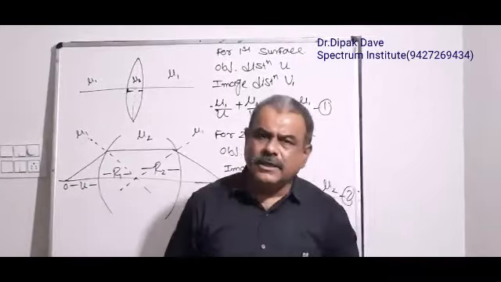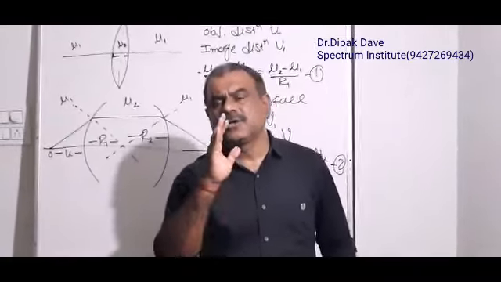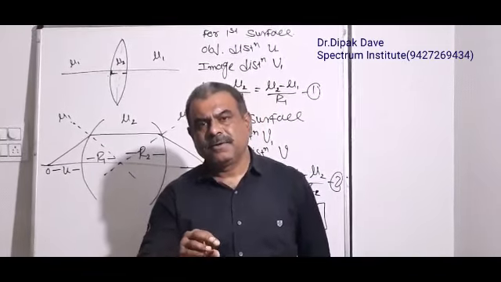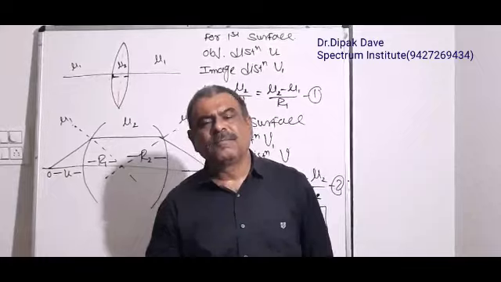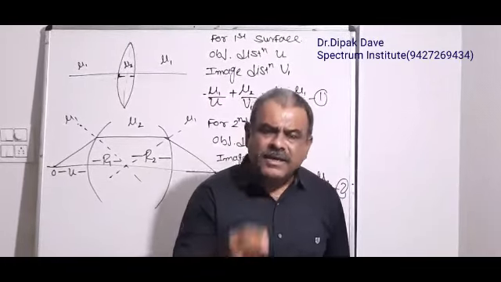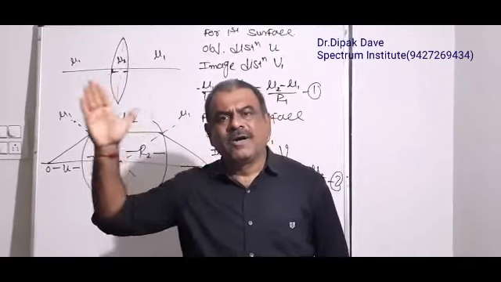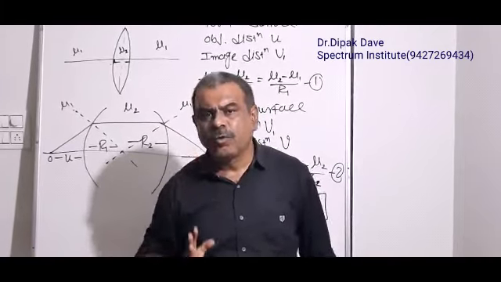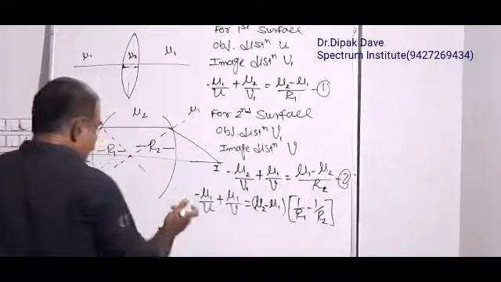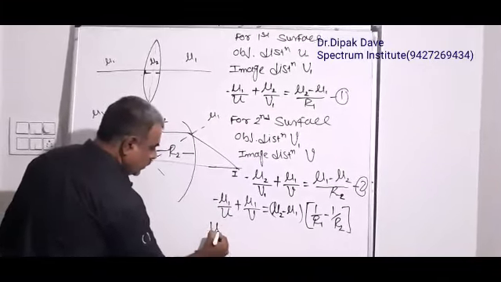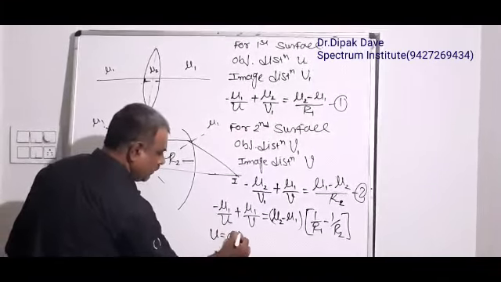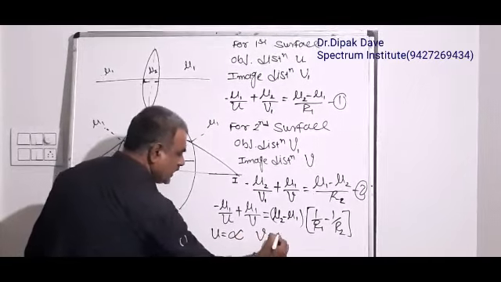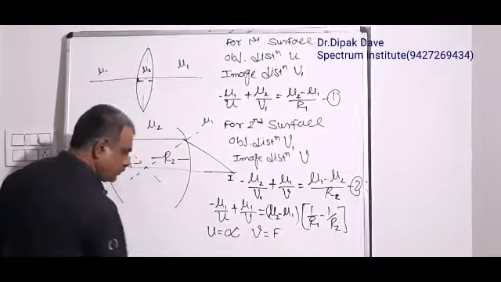Now in case of geometrical optics or ray optics, remember this concept: whatever the system, lens system or mirror system, whenever you have the object at infinity, the image will always be at the focus. So here, if I take u equal to infinity, what will I get? v is equal to f.